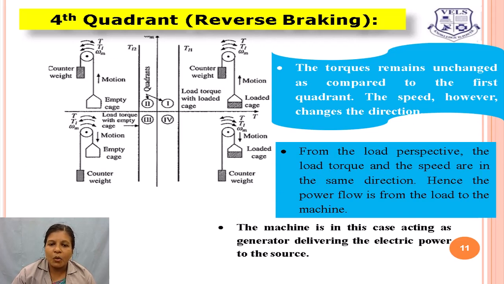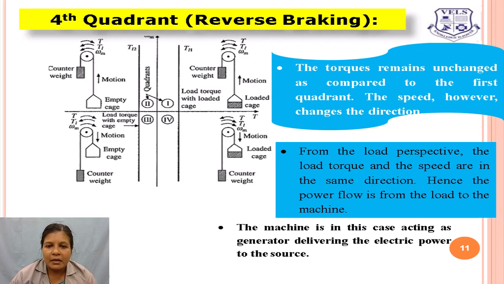In order to avoid that, we have to push the loaded gauge downwards at a very safe speed and very slowly. For that we need to apply a braking torque in the counterclockwise direction. Only then can the loaded gauge be pushed downwards in a very safe manner with a limited safe speed.